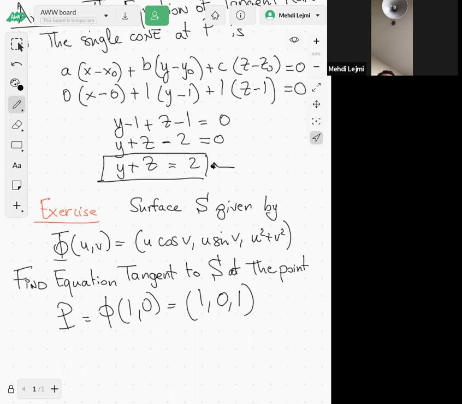And then we're going to move to the main theorems in this course, Stokes and Gauss divergence theorem. And then if we have time, we still have time, we're going to do probably one more section about differential forms.